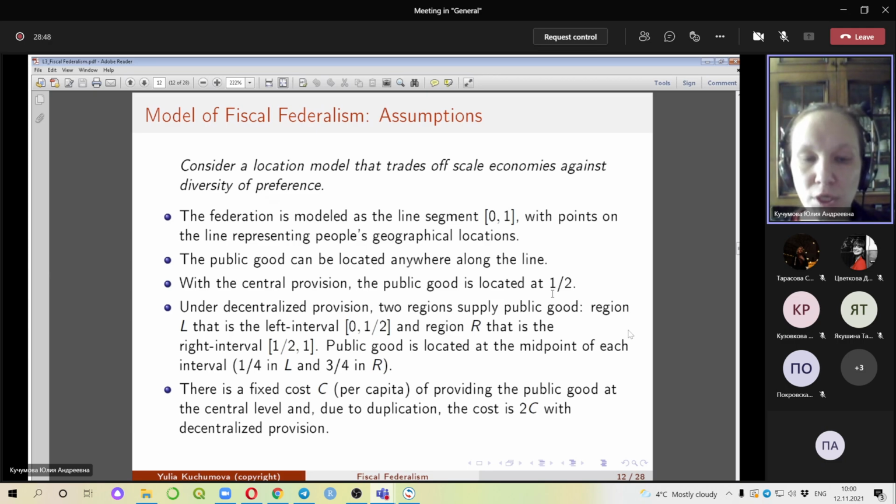Specifically, it's 1/4 in the left region and 3/4 in the right region. The other thing is that there is a fixed cost C per capita of providing the public good at the central level, and due to duplication the cost is 2C with decentralized provision.